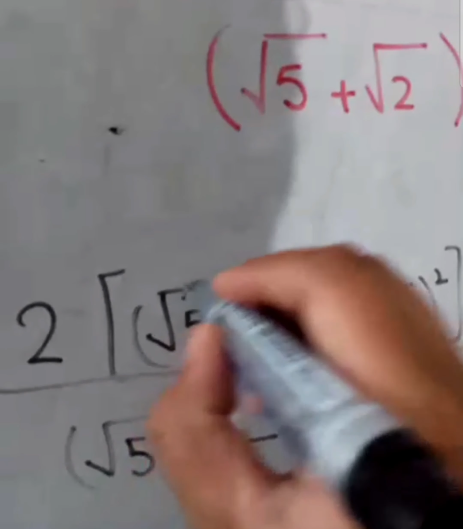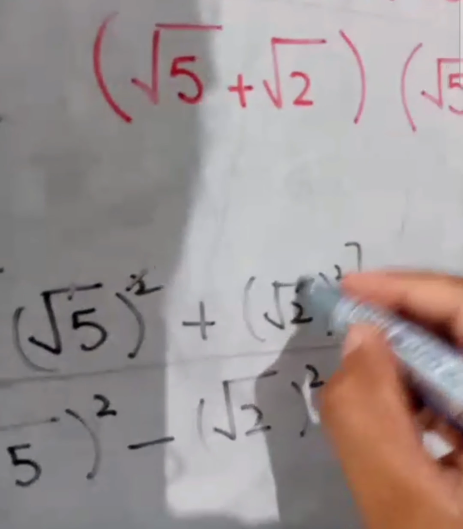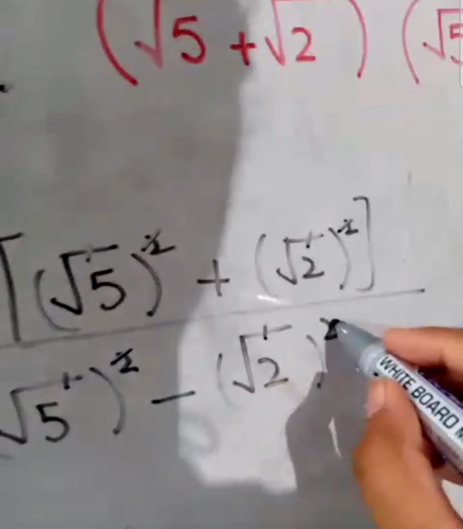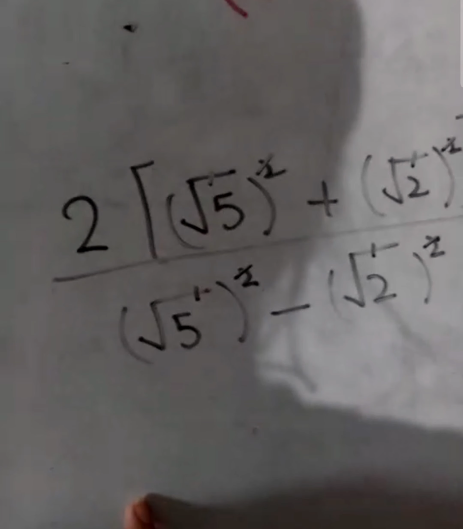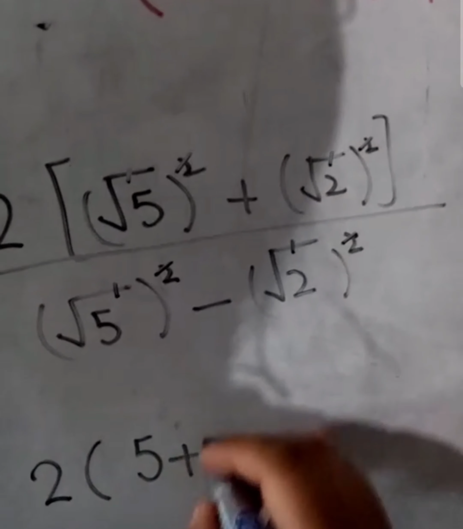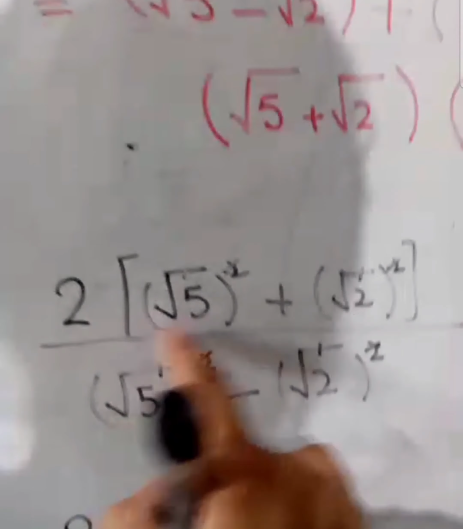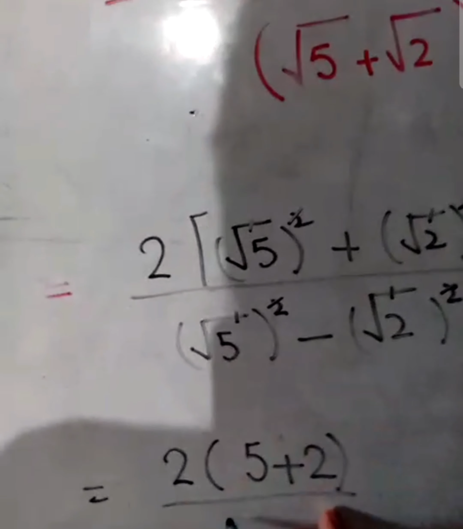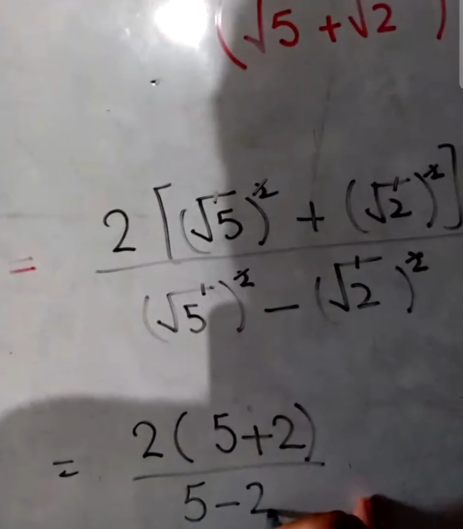If you have any confusion, do ask, please. Square and square root cancel out. Similarly, this square and square root cancel out. Here we have used the exponent law. So it is 2 times 5 plus 2, divided by 5 minus 2.